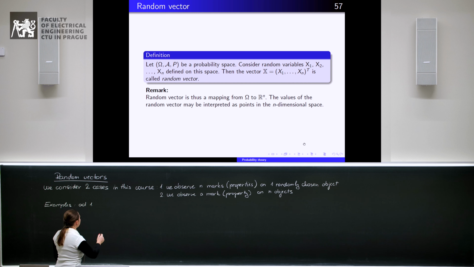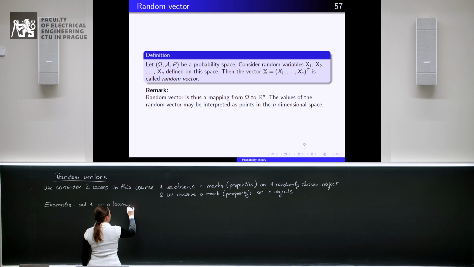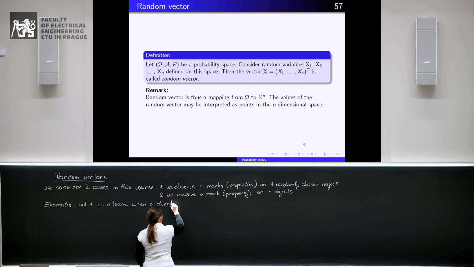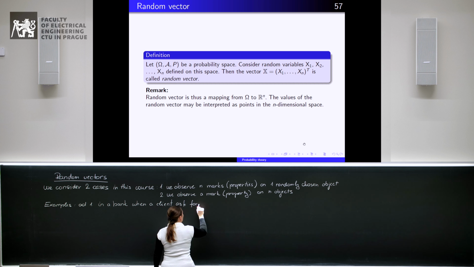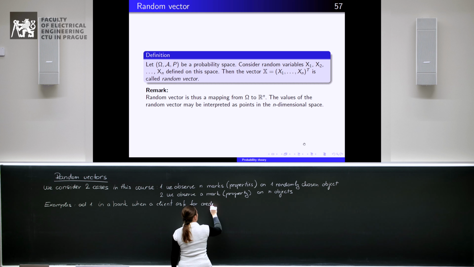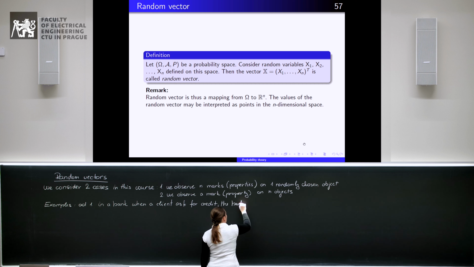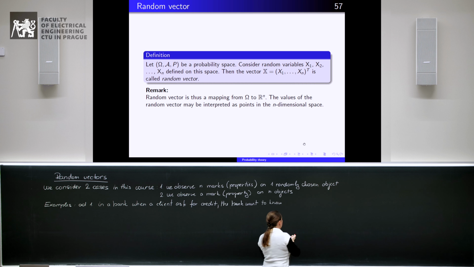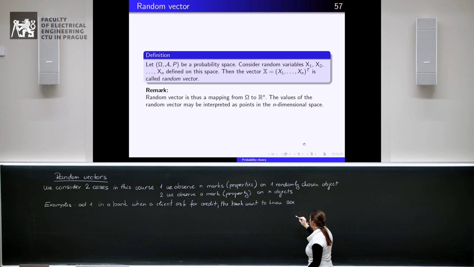So it can be, for example, what is the sex of the client, what is the salary of the client, what is the education, and so on.